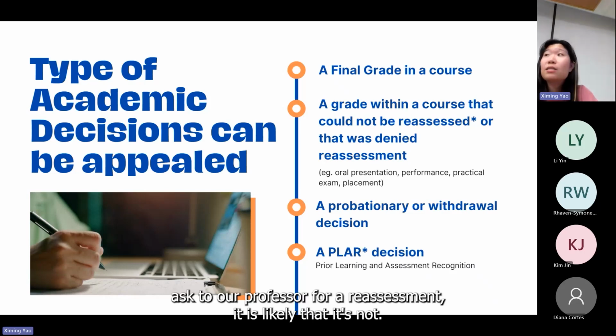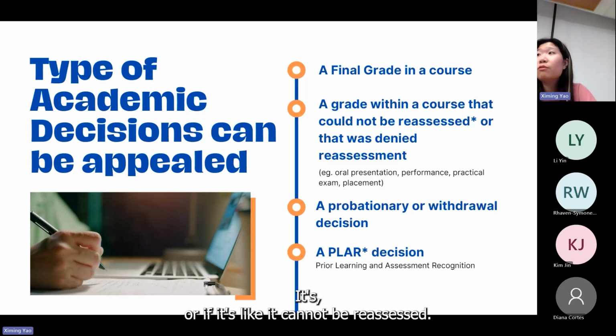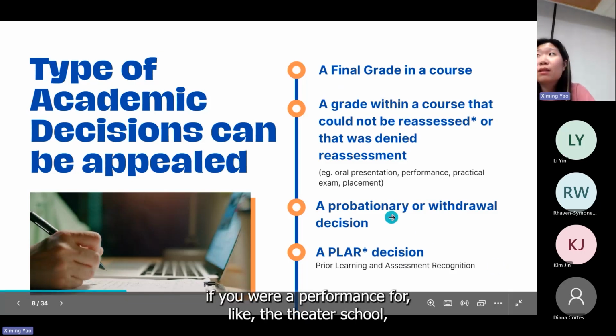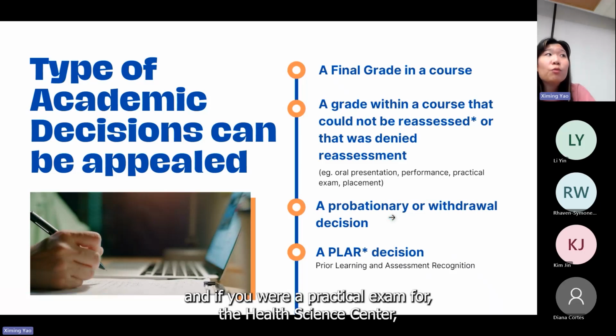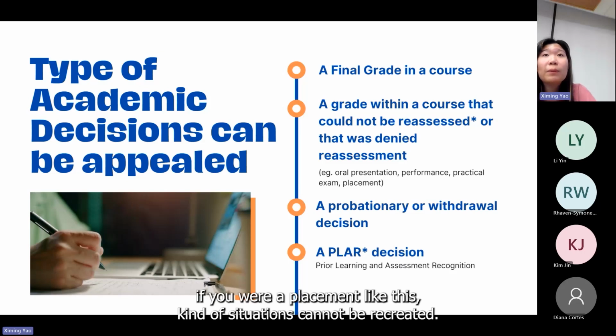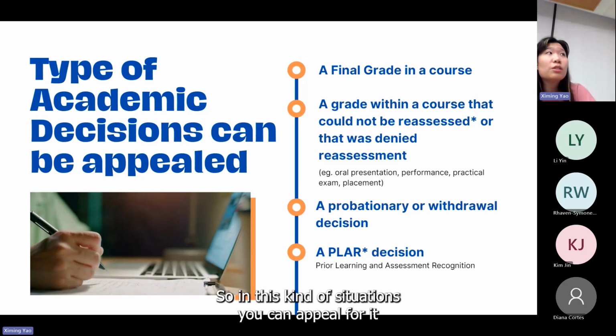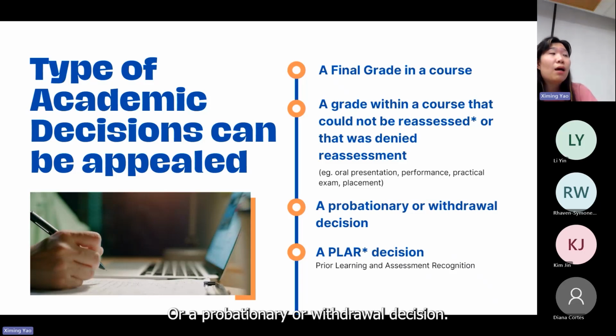It is possible that it's not granted, or that it cannot be reassessed, for example an oral presentation, a performance for the theater school, a practical exam for the health science center, or a placement. These situations cannot be recreated, so you cannot do the assessment again. In these situations, you can appeal because there's no way that you can redo it. Or a probationary or withdrawal decision.